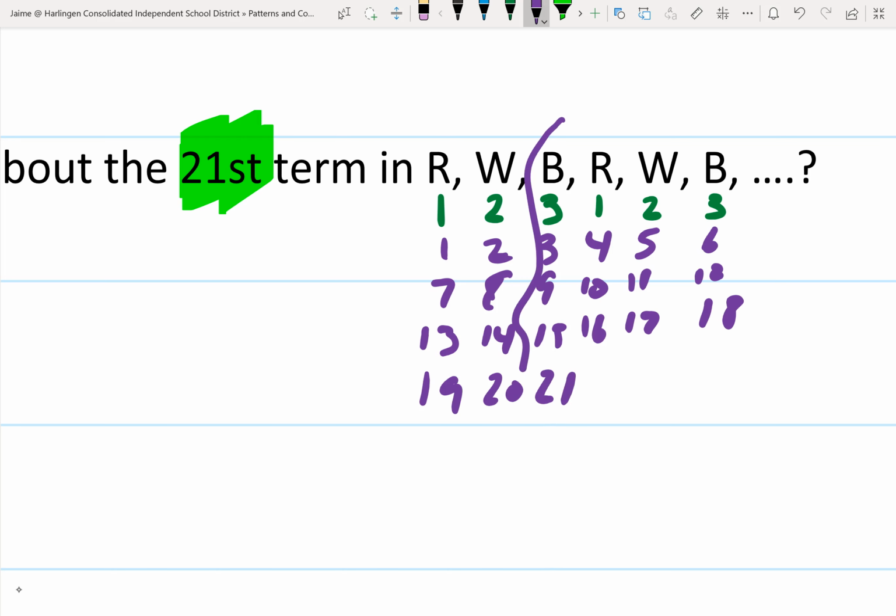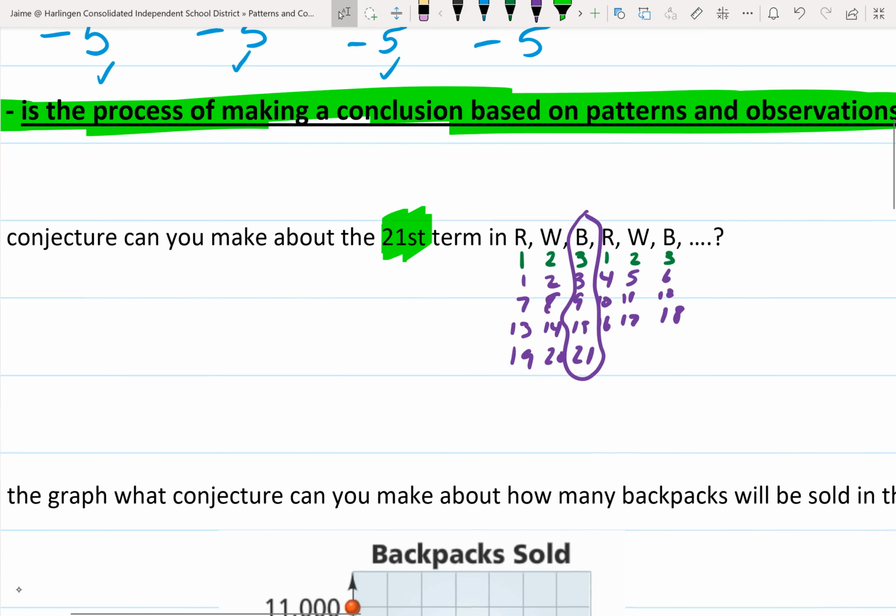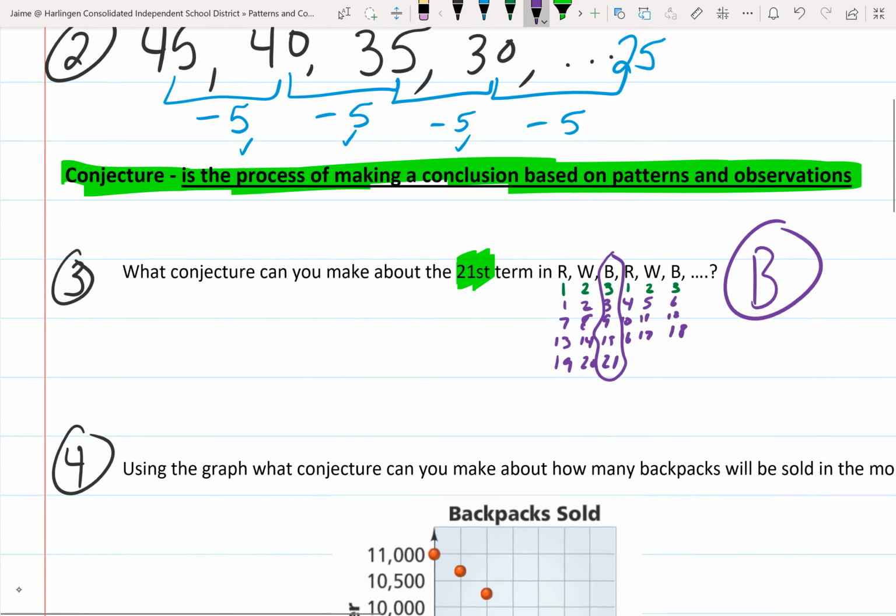So then 21 falls under the letter B. There are other ways to do this, of course. So the answer here, the 21st term, would be letter B. You can see the pattern that R's have the 1 and 7, or the 1 and 3s and whatnot. The B's are all multiples of 3. See, 3, 9, 15, 21, so whatever, right? As long as you get the answer, that's all that matters, as long as you understand the pattern and how we get there.